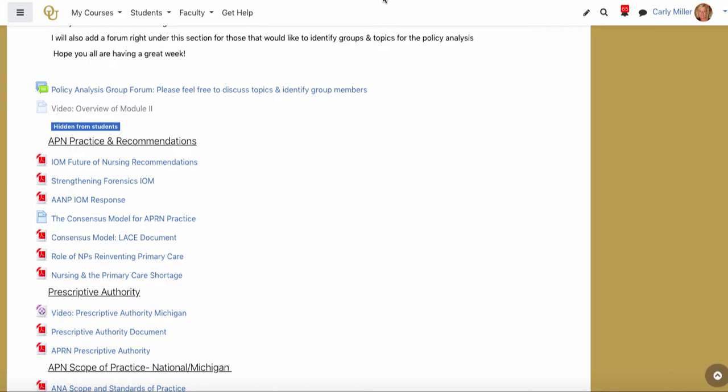When we talk specifically about APRN practice, this obviously relates to NPs, but it could be midwives, it could be CRNAs, etc. What this is essentially is a recommendation that we have more consistency across the United States in terms of our licensure, accreditation, certification, and education, meaning that we shouldn't have this variance between the state of Michigan versus other states.